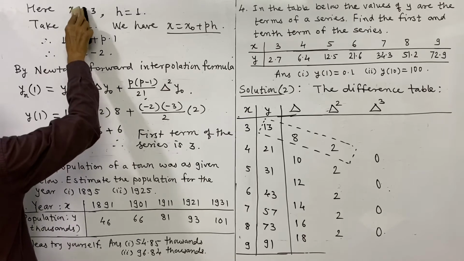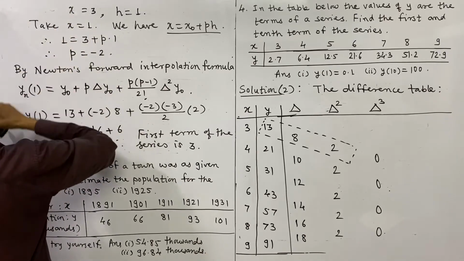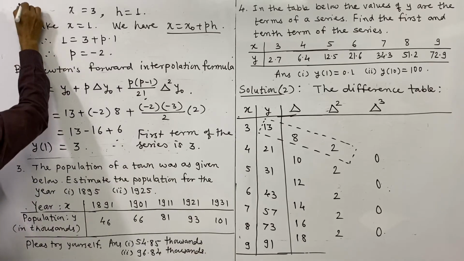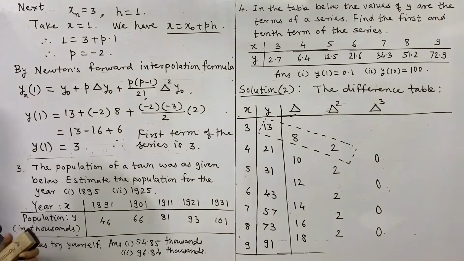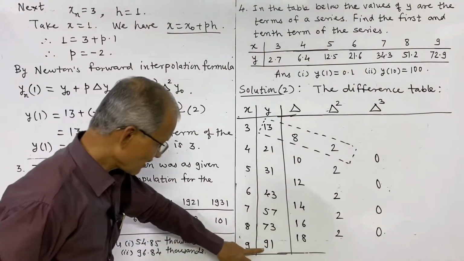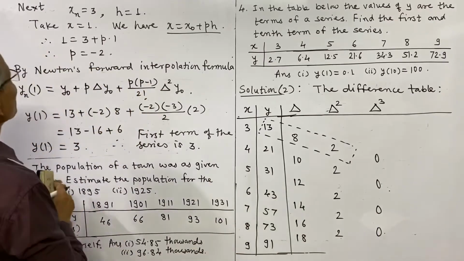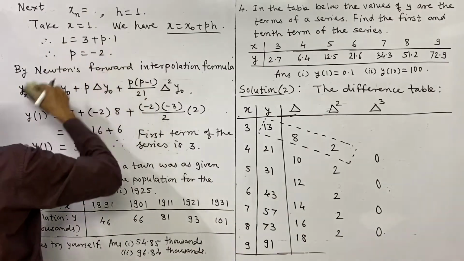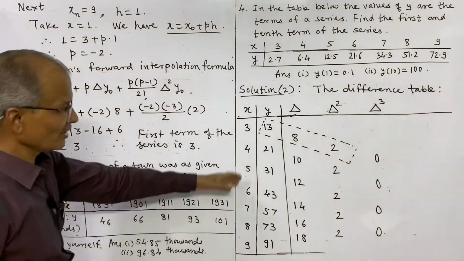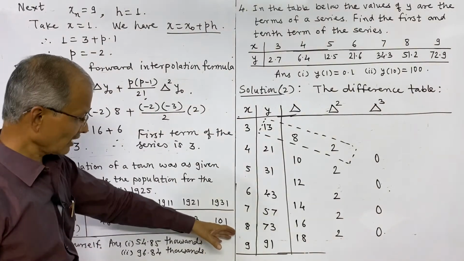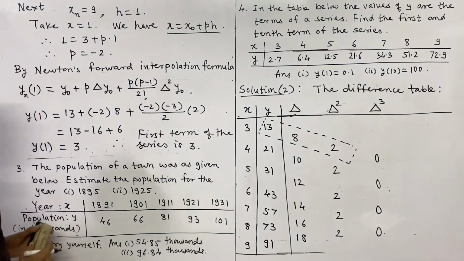How to use the backward difference interpolation formula? Next, xn is the last value, that is 9. Xn is 9. And h remains the same for forward or backward interpolation formula.